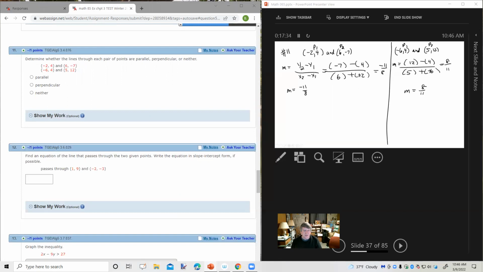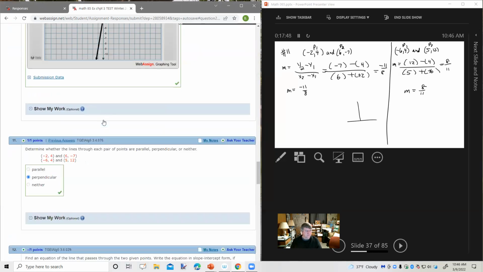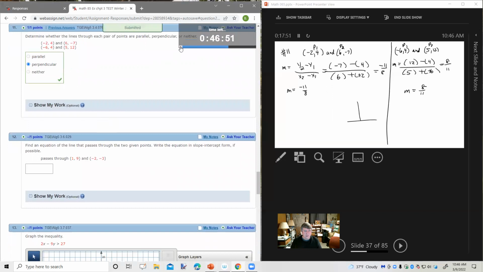Well, they're not the same, so they're not parallel. It looks to me like they're negative reciprocals, so they would be perpendicular. All righty.